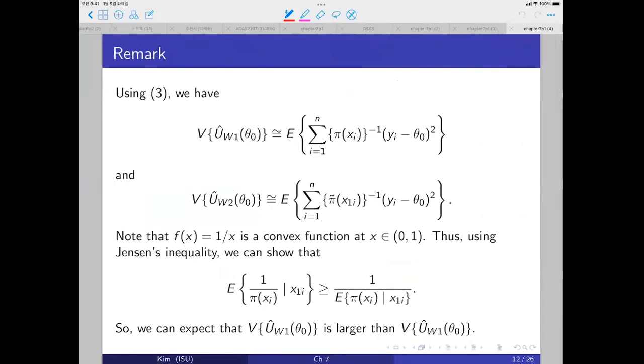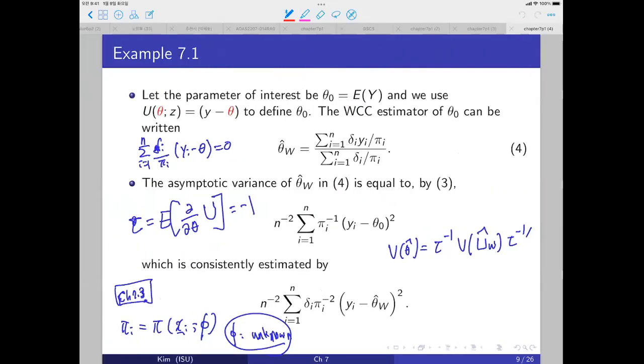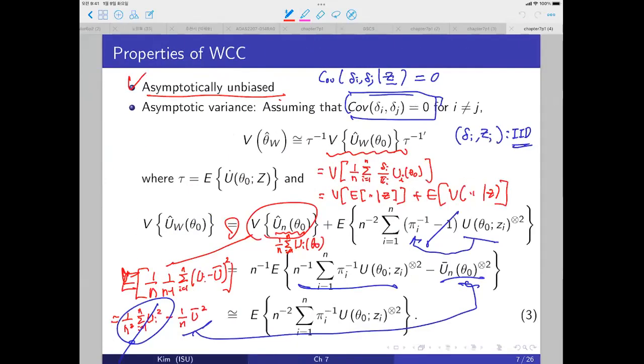So here's one remark. The first remark we want to see is that, remember, if you are using 3, so 3 is using this result, right? Using this, the variance of this guy is equal to this one.